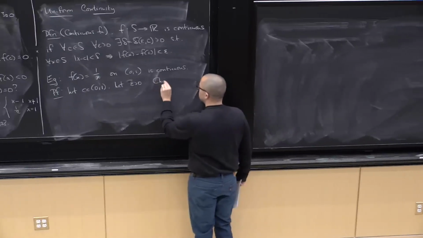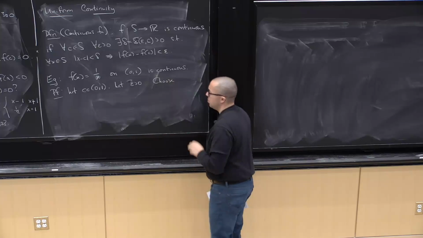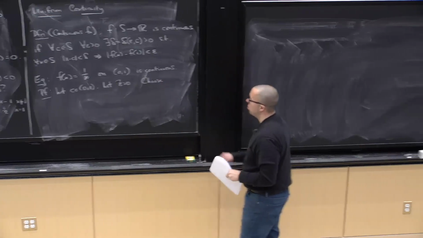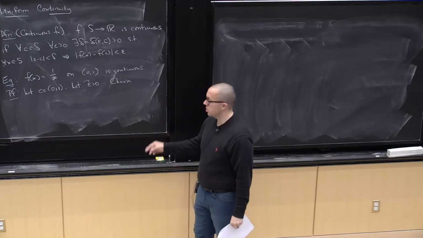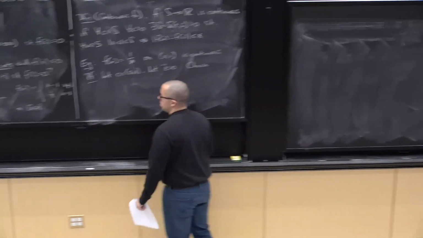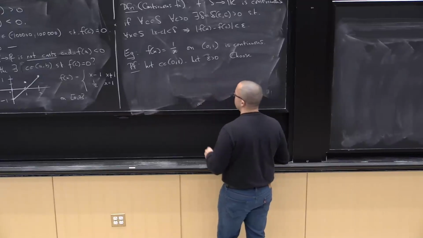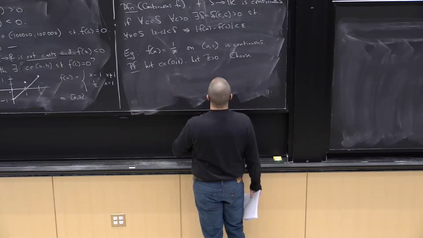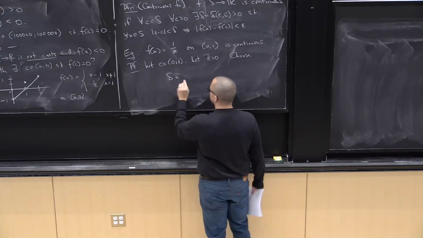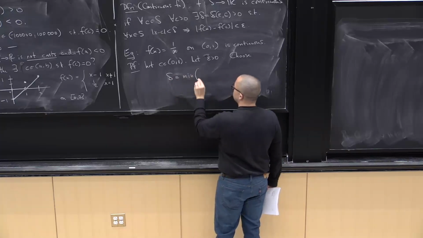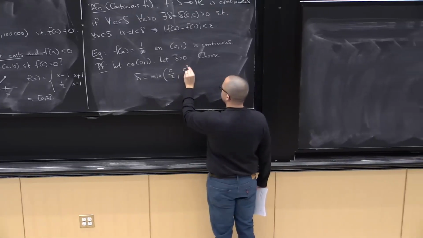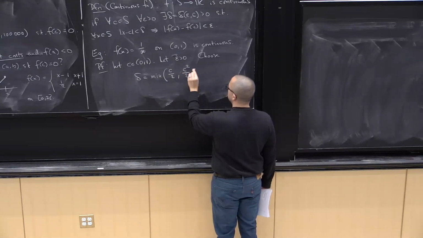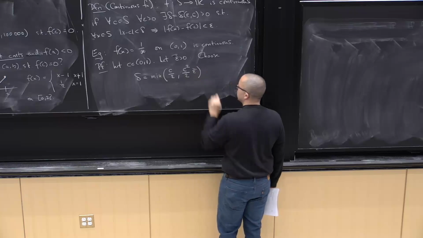Now choose. Since this is kind of review, I'm not going to go through the thinking behind choosing this delta. I mean, there are calculations you do off to the side to get this delta, but let's choose delta to be the minimum of c over 2 and c squared over 2 times epsilon.